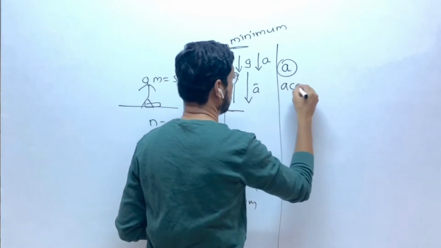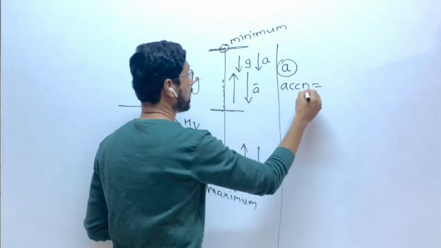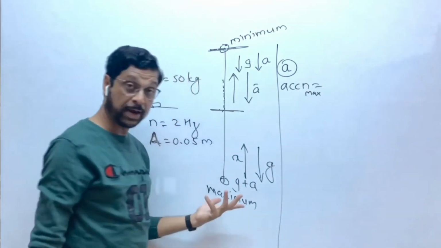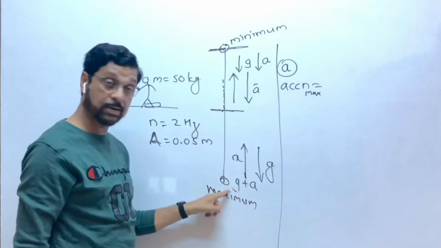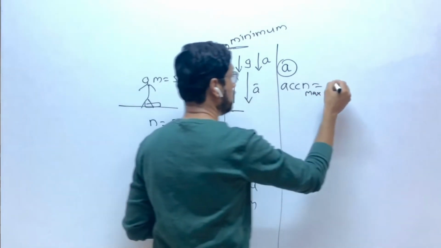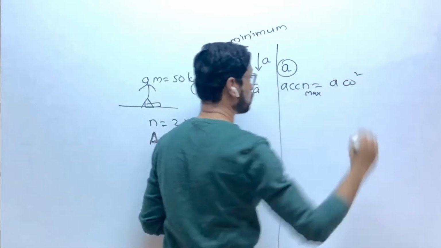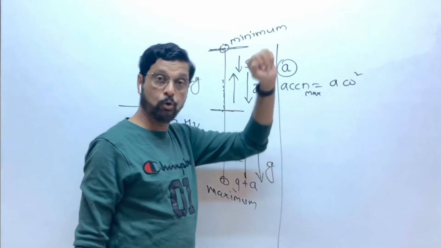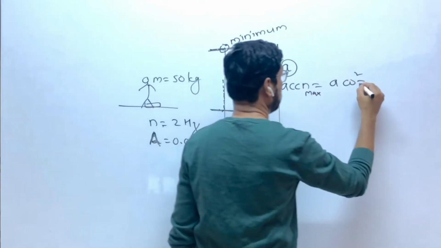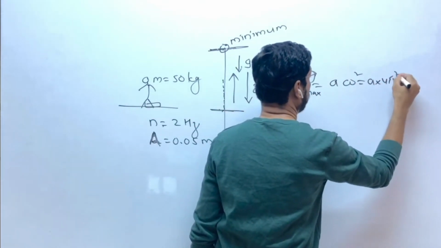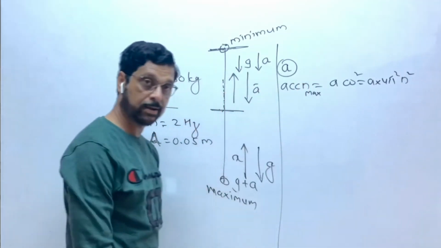So acceleration max, we have to maximize it, either here or here, the acceleration is max, is A omega square, amplitude into omega square, or you can say A into 4 pi square n square.